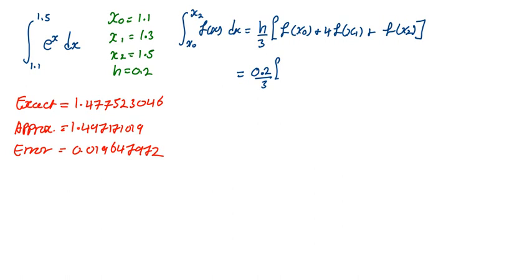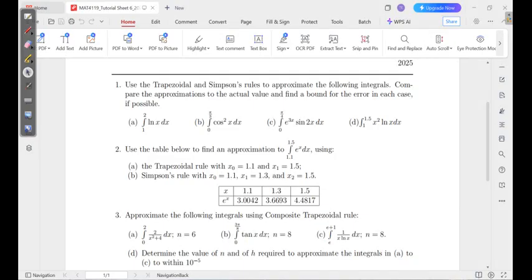Then f of x naught. So here, if you get this, you substitute here. And of course, I think it's already given in the question. It's f of x naught is 3 point... Let me just try to confirm on my calculator. So 1.1. Yeah, that's the same value. 3.0042.